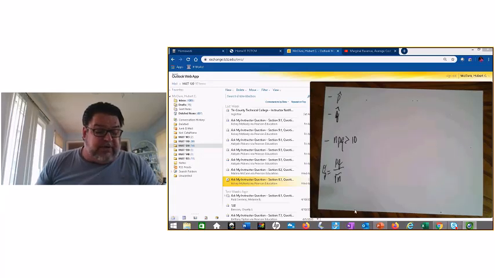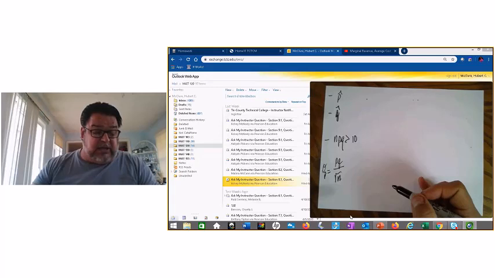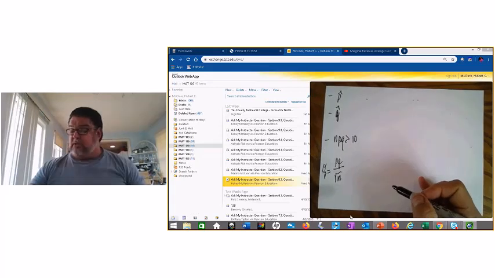Mu is equal to 75. Sigma is equal to 9. This is the one where they do the square root of N. And N is equal to 81.